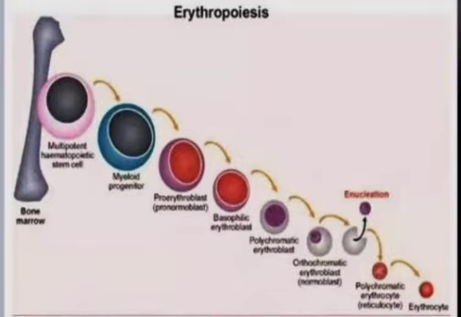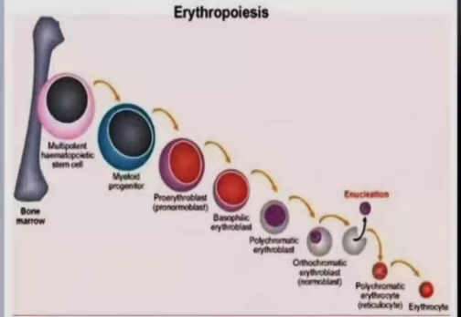Secondly, these large cells also have large nucleus. But as the cell grows to maturity, the nucleus becomes smaller and smaller in size until it eventually disappears.